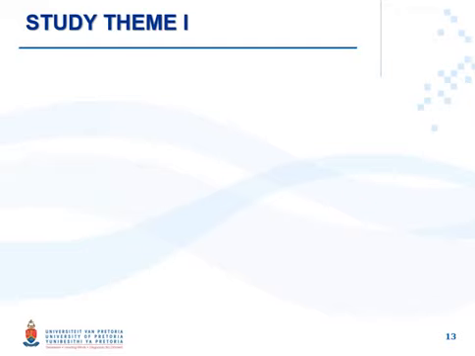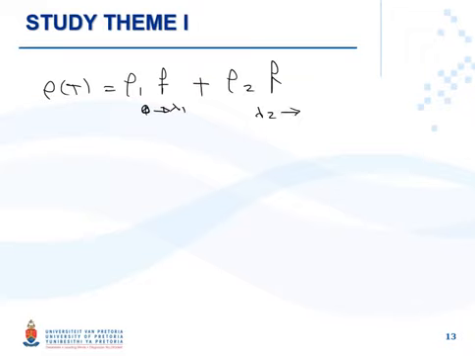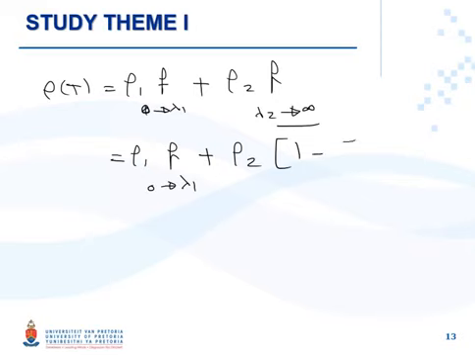So for a step function, it's easy to say that rho T is rho 1 F from 0 to lambda 1 plus rho 2 F from lambda 2 to infinity. For this one, of course, we can say that F from lambda 2 to infinity is 1 minus F from 0 to lambda 2. Okay, because we want to go and read it from the table.